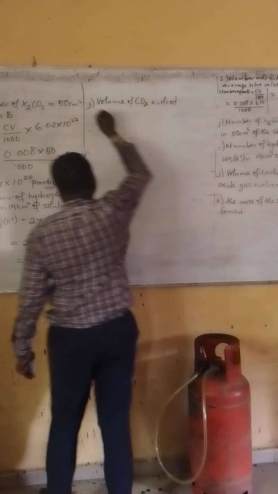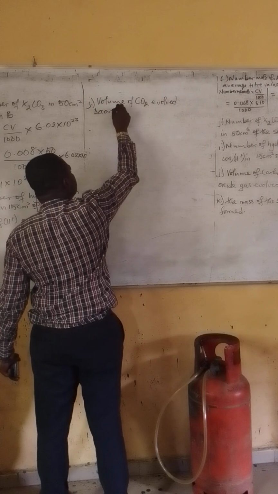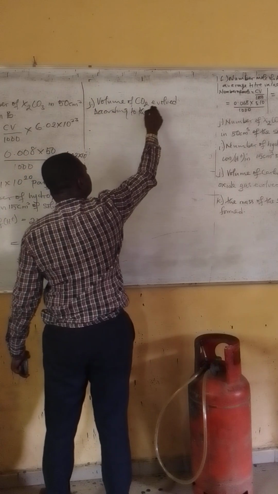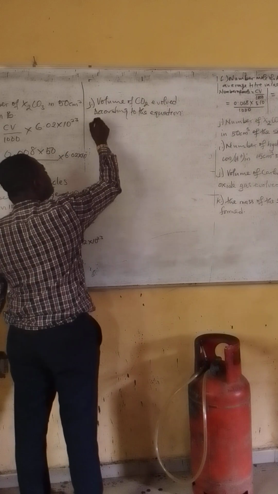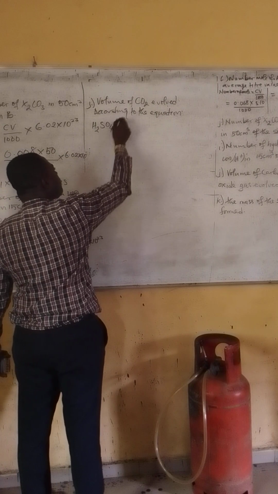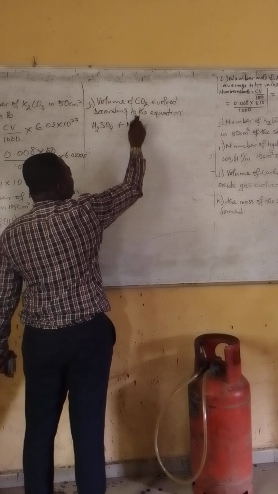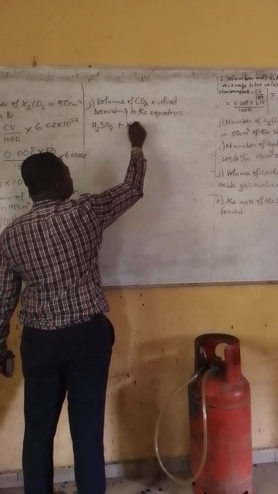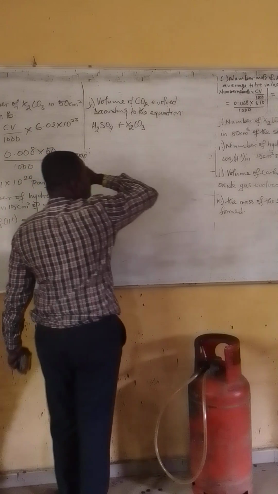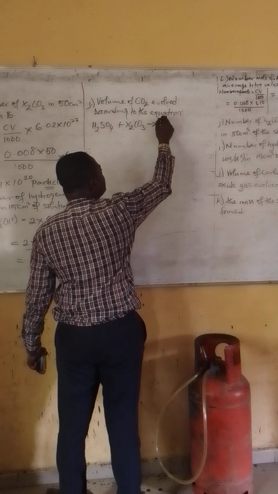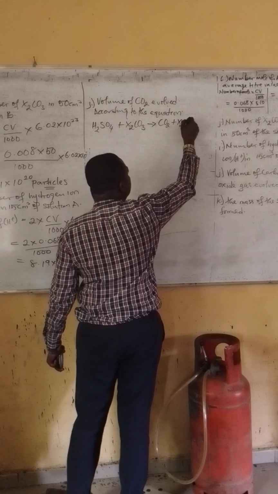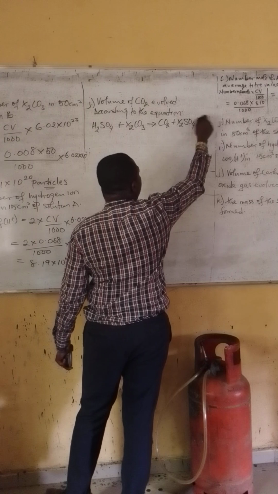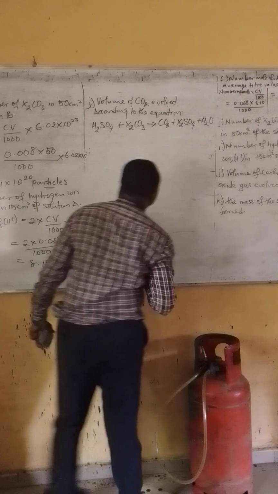Don't forget, according to the equation we had: H2SO4 plus X2CO3 giving us CO2 plus X2SO4 plus H2O. This was the equation.